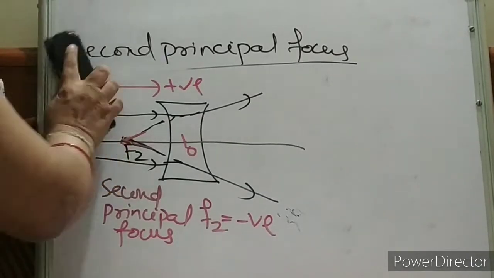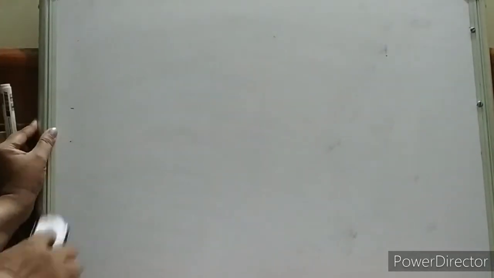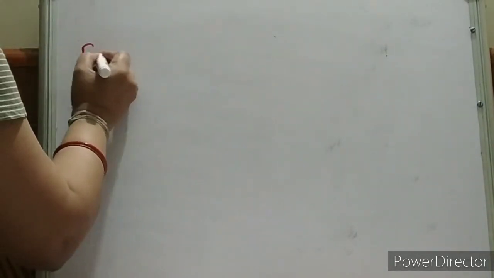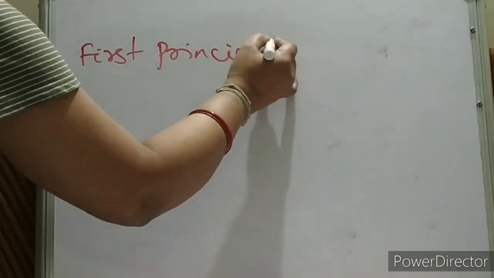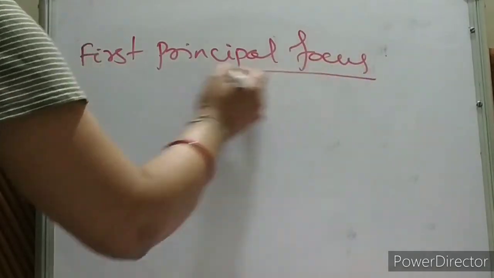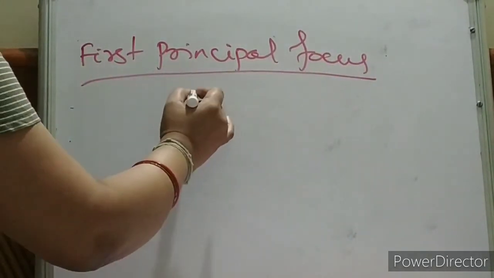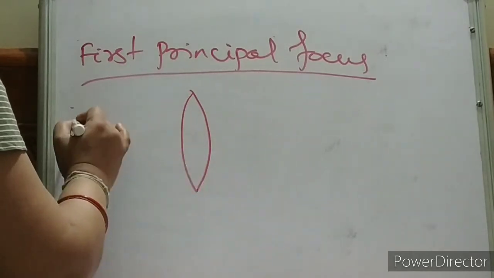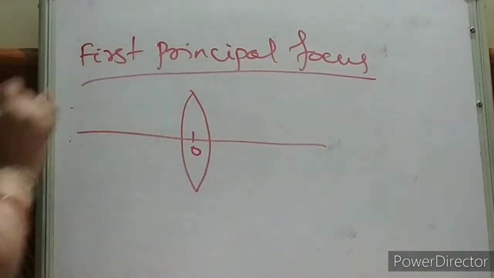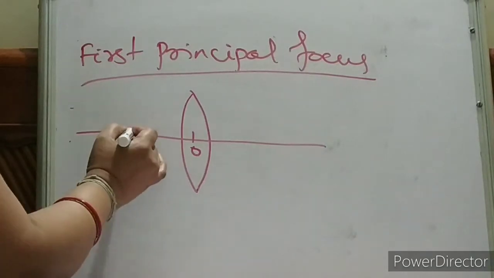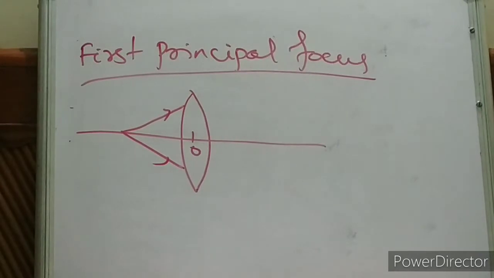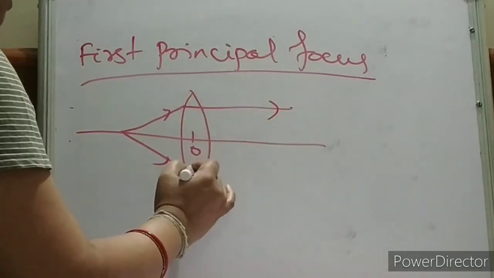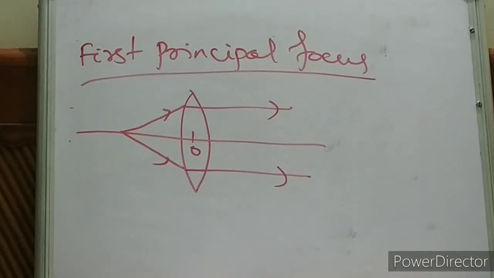Okay? Clear? Now we will discuss the first principal focus. Okay, now let us consider the convex lens. O, optical center. Okay, now the ray will start from here, clear, and after striking it will refract like this.